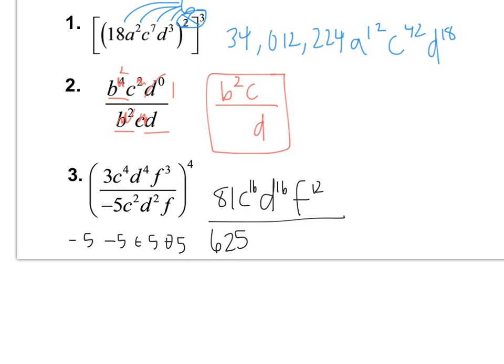So those negatives will cancel out. So 5 times 5 times 5 times 5 is 625. And then I have c to the 8th, d to the 8th, and f to the 4th.